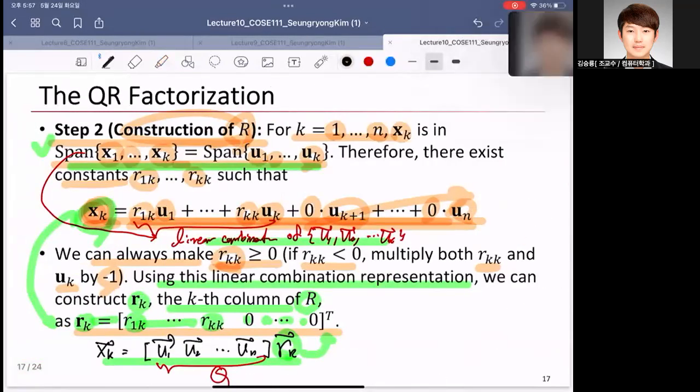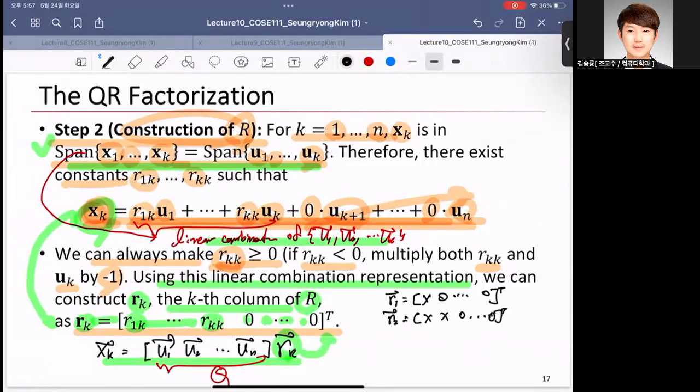Let me draw it once more. R1 should be a non-zero value and zero transpose, and R2 should be a non-zero or arbitrary value and zero transpose, and so on. RK should be arbitrary values, phi k times, and zero transpose.